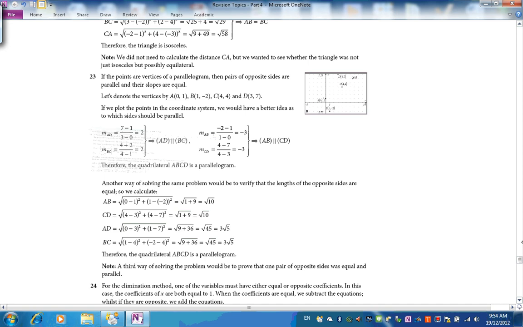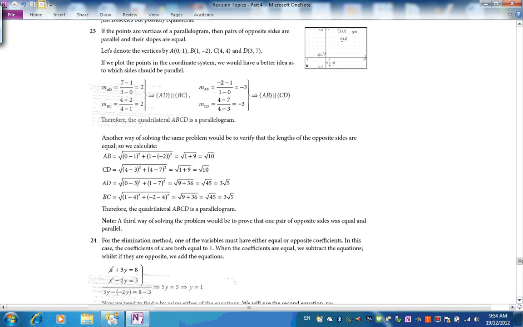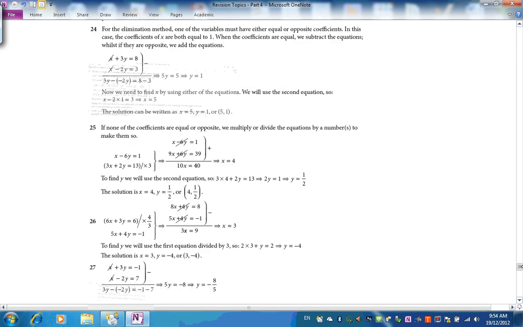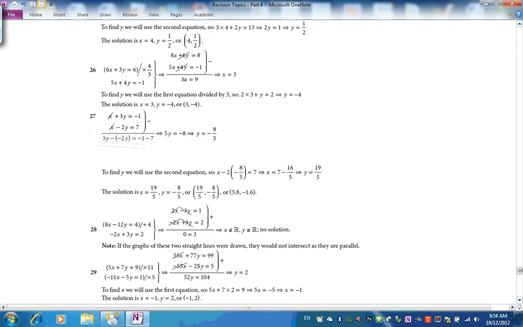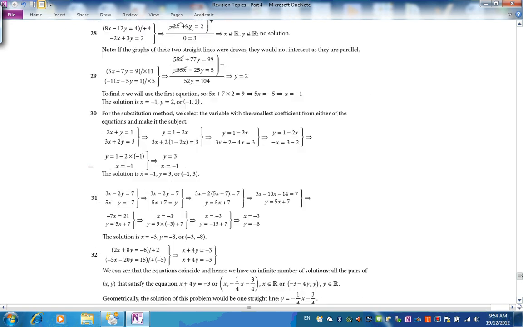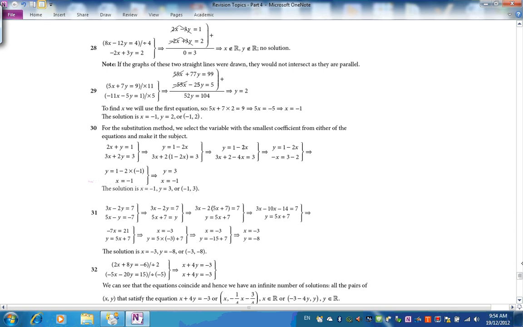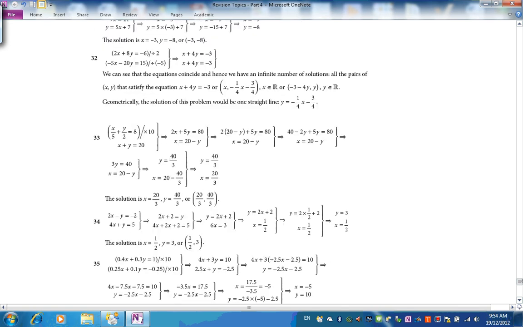A couple of different ways of looking at it in 23, 24 through 27. There's a fair bit of work here. And then in 28, through to 31 there, 32 through, so I've done lots of work for you here.